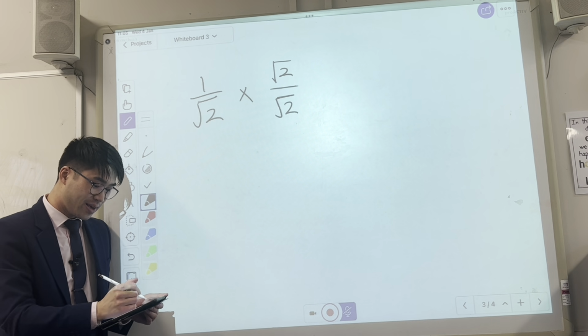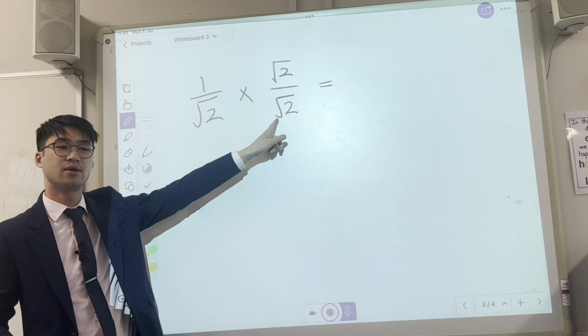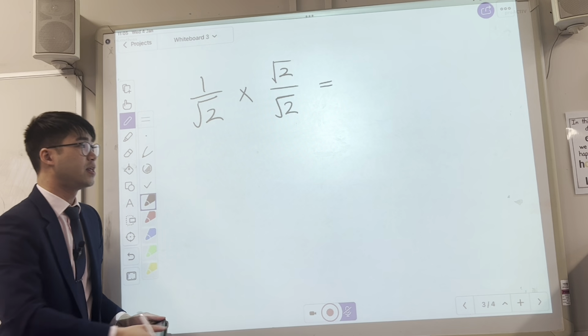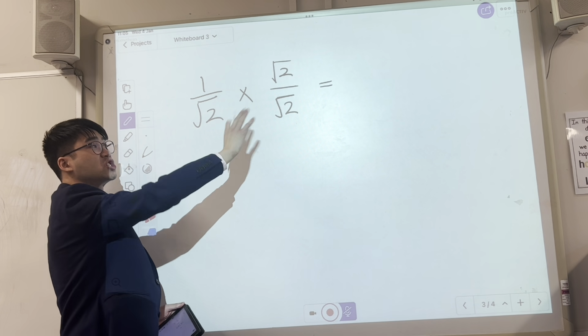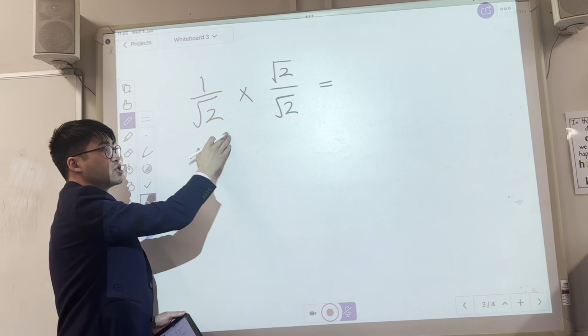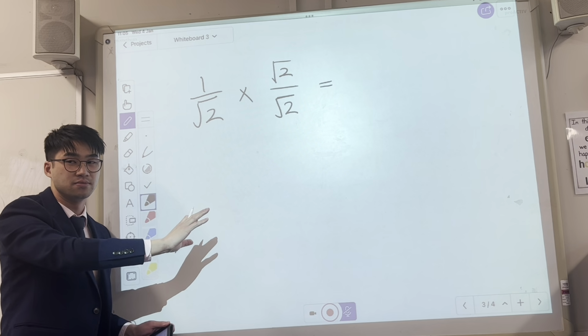Now, one thing to be aware of is this root 2 over root 2. What is this value equal to? 1. This value is 1, right? So nothing's changed. I'm not going to change this fraction. If I times something by 1, the value does not change.